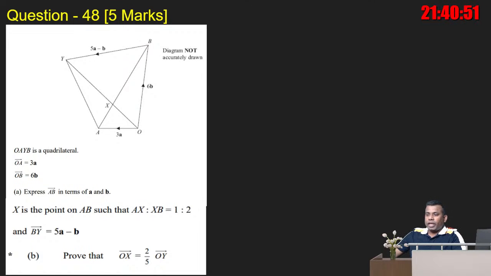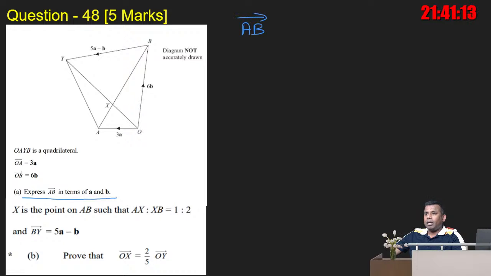If you read the question number 48 carefully, OAYB is a quadrilateral. OA is 3A, OB is 6B. Express AB in A and B. So we need to find out what is AB.